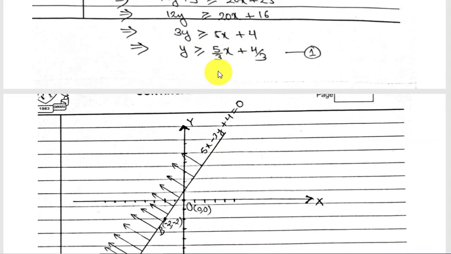But here we have got an inequality, so we need to mark only those regions for which x and y will satisfy this. So how to see that?